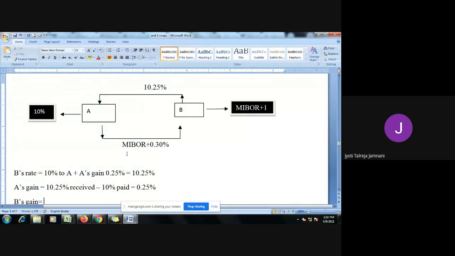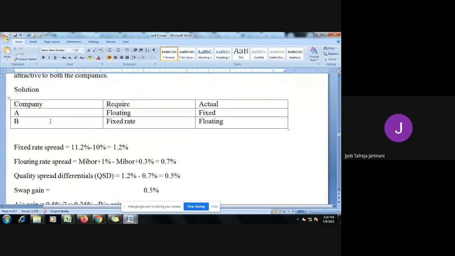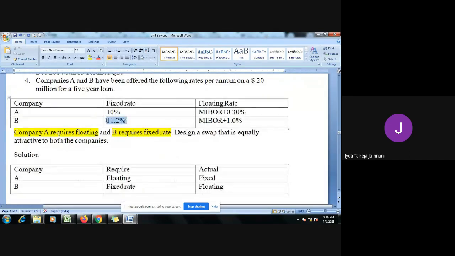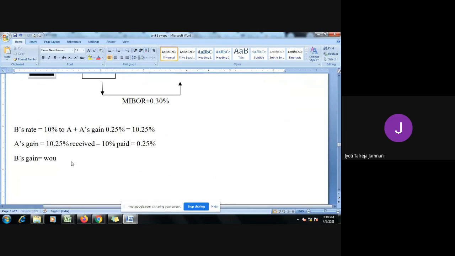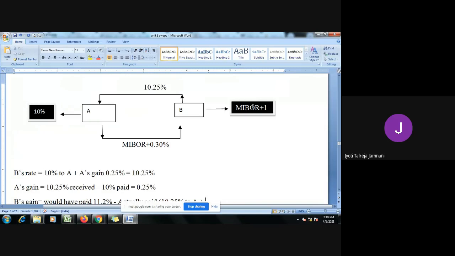If B would not have done the swap and directly taken what it required, B required fixed rate. If B would have directly taken its fixed rate, it would have paid 11.2%. But it has actually paid 10.25% to A, plus the gain here: you can see, it has paid MIBOR plus 1% in the open market, whereas it has received only MIBOR plus 0.3%.